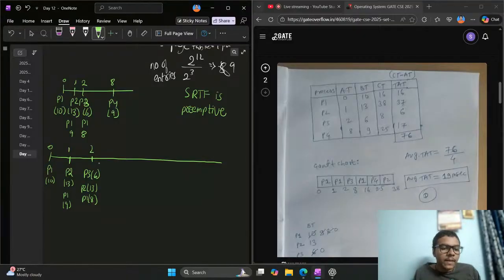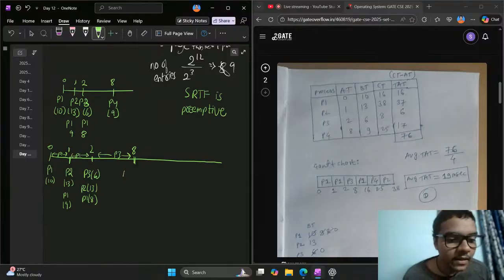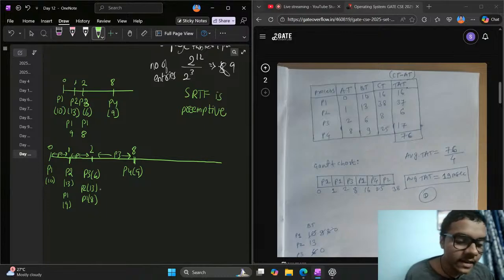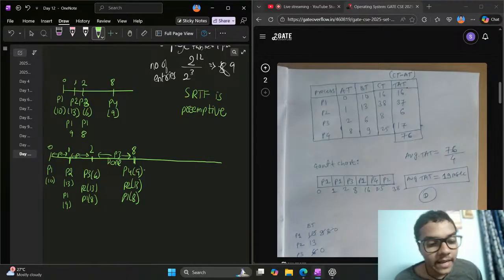It will pick P3. So for 6 seconds it will execute it. P3 executing. And at 8 seconds, P4 with 9 joins, and P3 is done. Now P2 with 13 and P1 with 8. So 8 plus 8, at 16 seconds. Right.